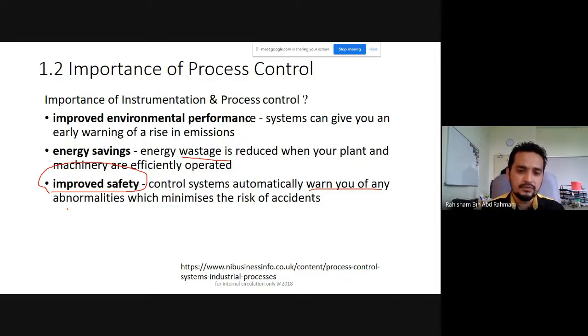You need to justify and clearly mention how it will be improved. If the question gives 1 mark, then you can just mention improve safety. But if the question awards 2 marks, you need to provide an explanation. If 3 marks, even more, maybe an explanation with an example.